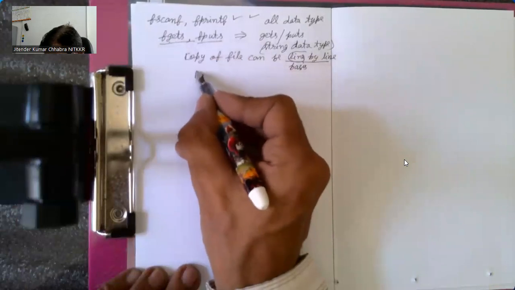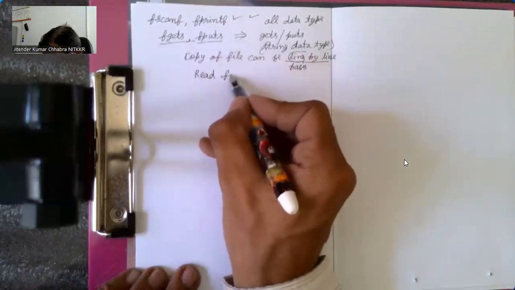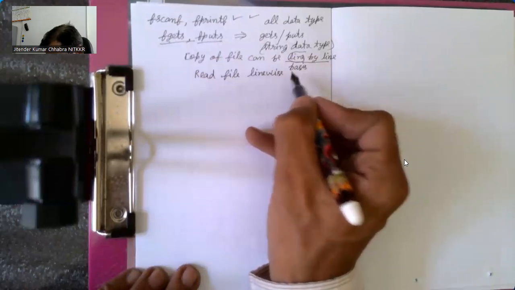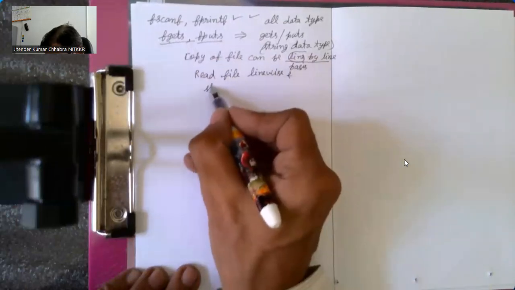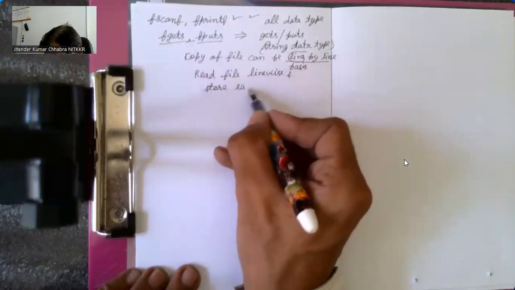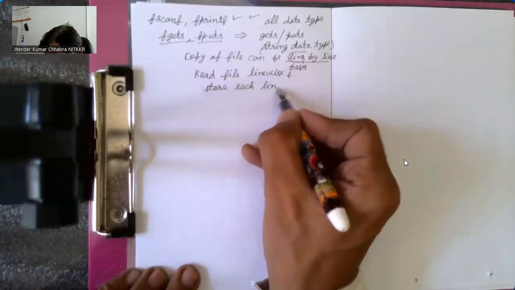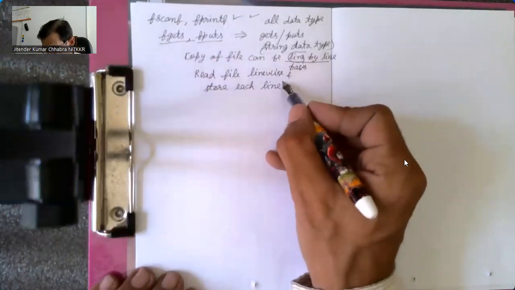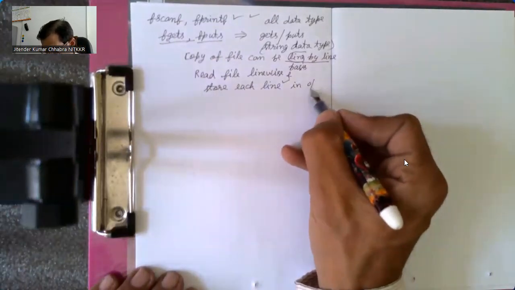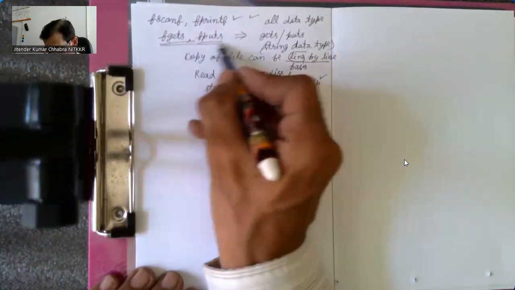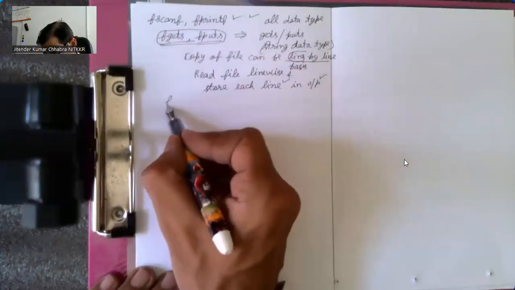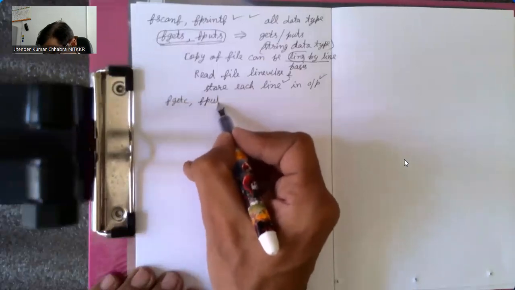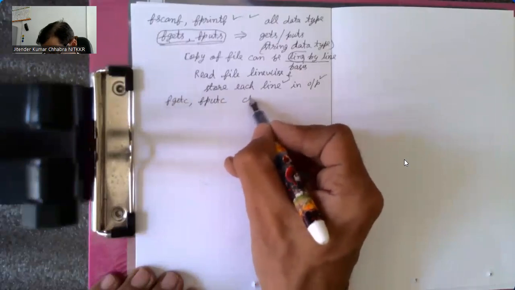So read the file line by line and store each line. fgets and fputs can be used to read the file as a full line, and then you can use the corresponding command to store it. So that also could be used. Similarly, fgetc and fputc are general commands correspondingly for the char data type.